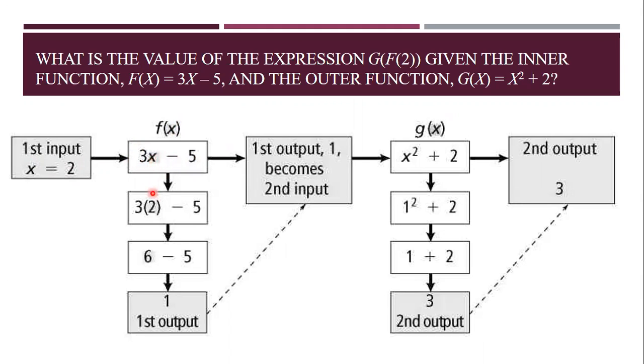Where there used to be an x, there's now going to be a 2. I plug it in, I evaluate, and I get 1. The answer I get from evaluating, I'm going to take it and plug it into g of x. And g of x is x squared plus 2. And I plug in 1, and I get 1 squared plus 2, which is 3. And so my final output is my answer.